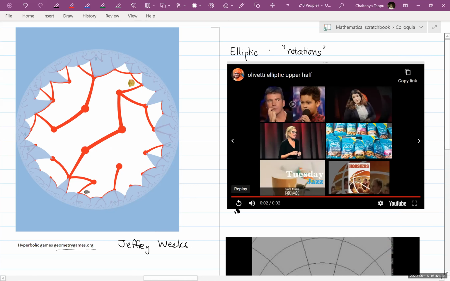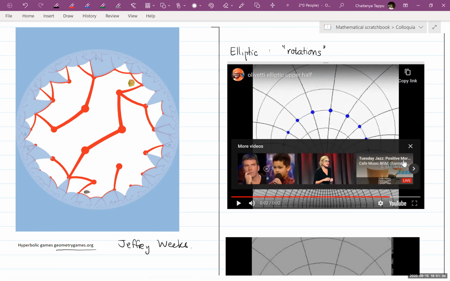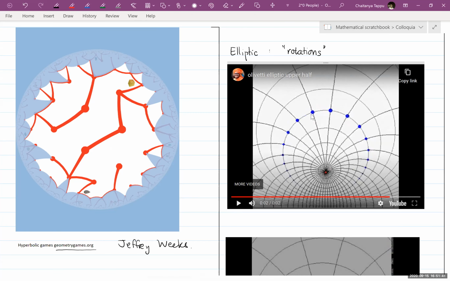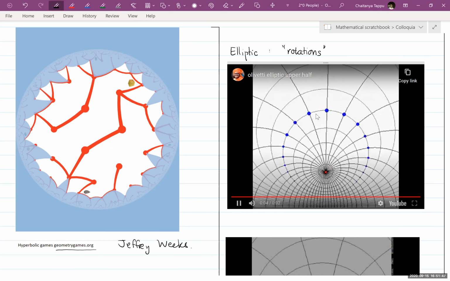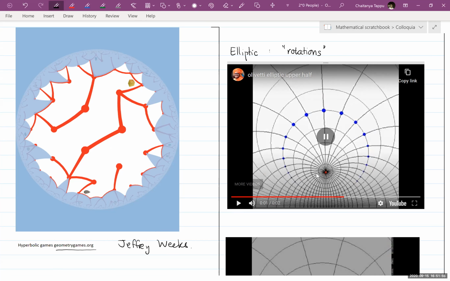The circles that you see over here, these circles are actual circles of some radius in hyperbolic space.